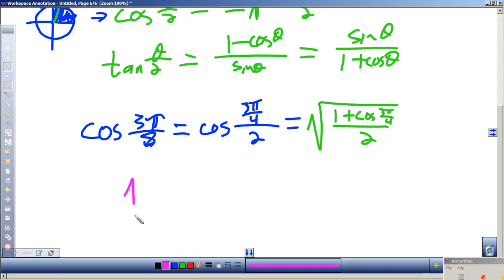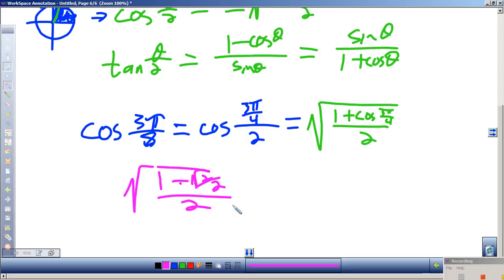Actually, it's negative, that makes it better. So we have the square root of (1 minus root 2 over 2) over 2. In case you're in doubt, you do need to make sure you know your unit circle for the upcoming test. If you don't know it, it's going to be very bad.